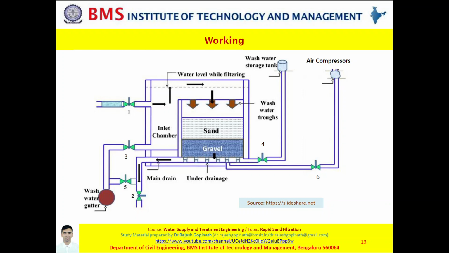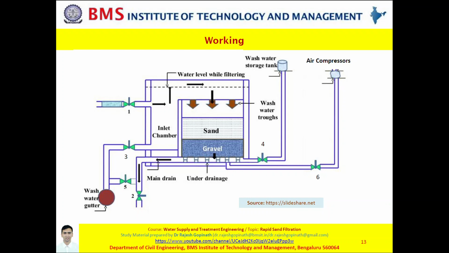Valve 3, it is that valve which is meant to drain the wash water, and this basically comes into practice after backwash. I will repeat, valve 3, to remove or decant wash water after backwash operation.